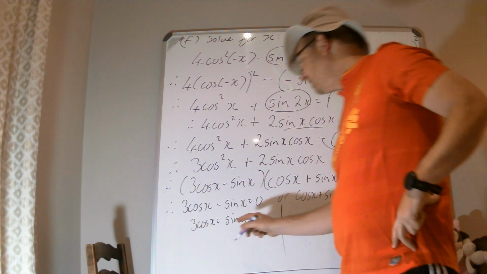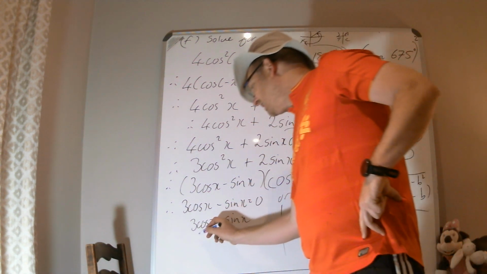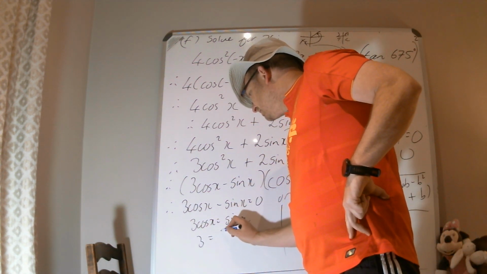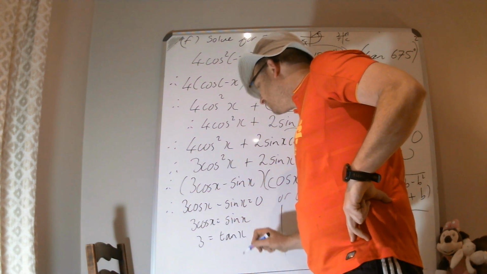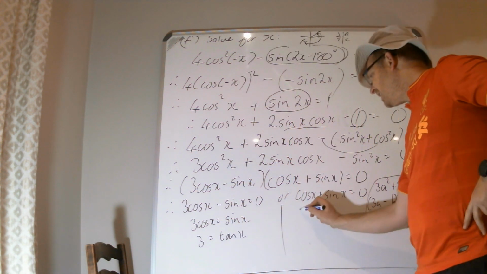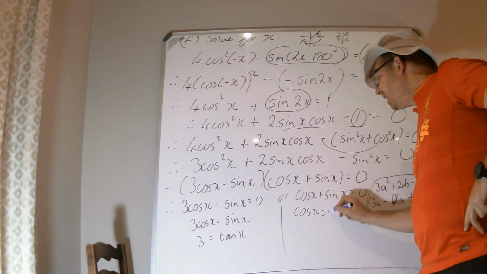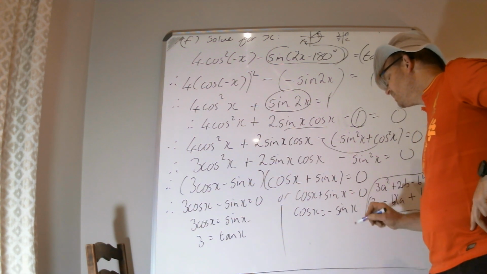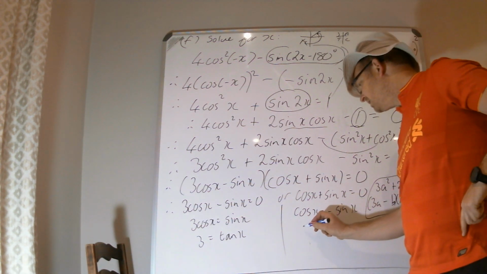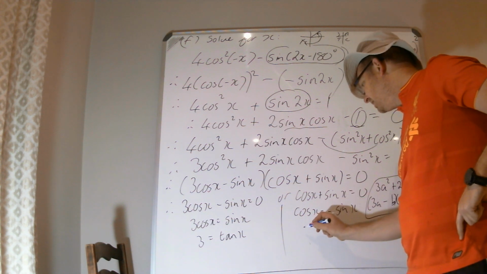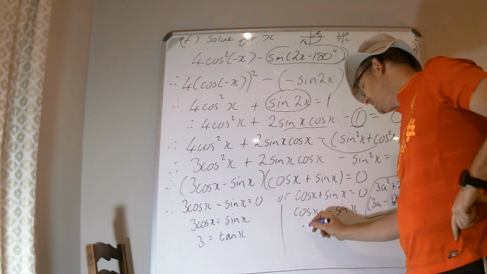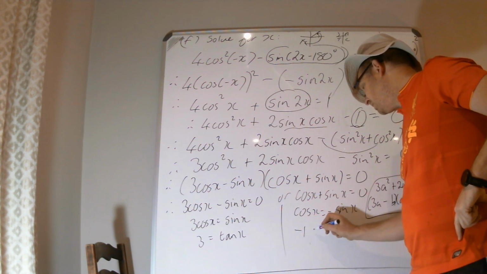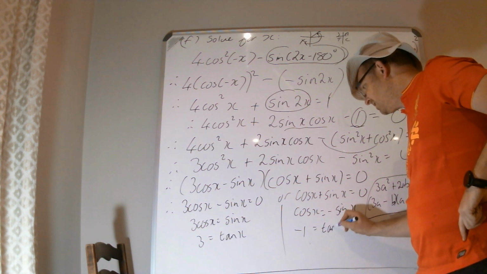Divide both sides by cos x, and I'll get 3 is equal to tan x. Hopefully you're comfortable with that now. And over here I get cos x is equal to negative sin x. Divide both sides by negative cos x, and I'll get negative 1 is equal to tan x.